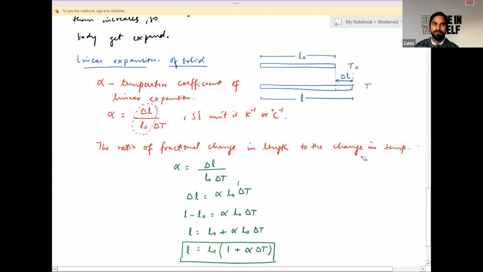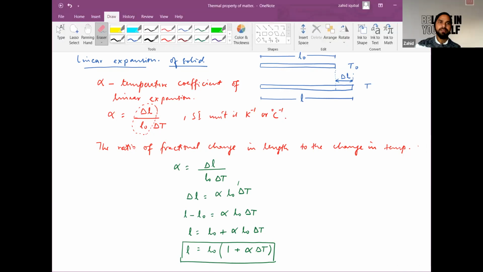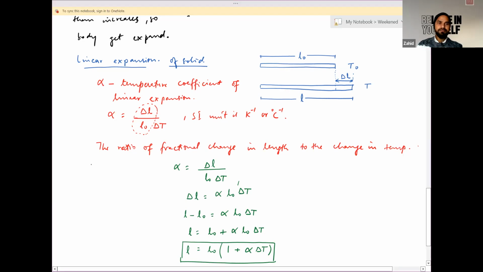Is it clear? Okay. Just 1 minute. You can also say it defines the rate of change in length with change in temperature.